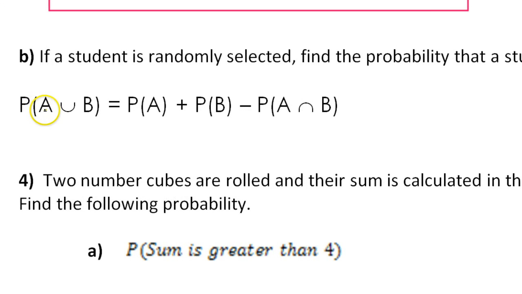According to the formula, that's the probability of A plus the probability of B minus the probability of A and B, the overlap.